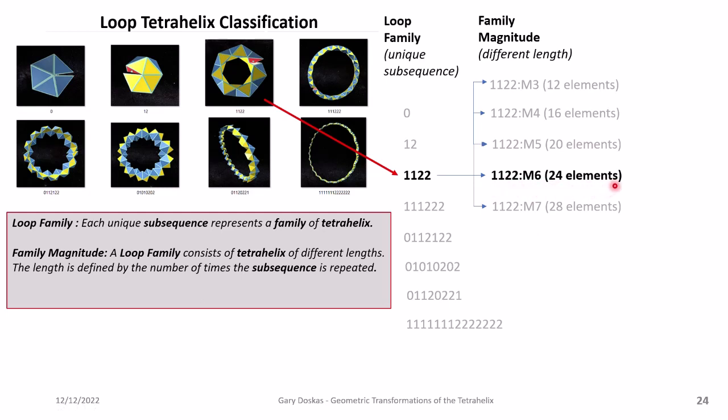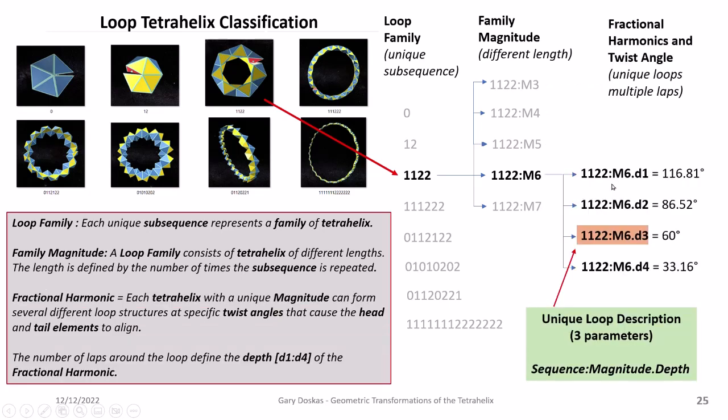Now I can add in the third parameter, which is the actual twist angle, the unique twist angle, or it results with a fractional harmonic. And these create unique loops that have 1 lap or maybe multiple laps to converge to make a loop.